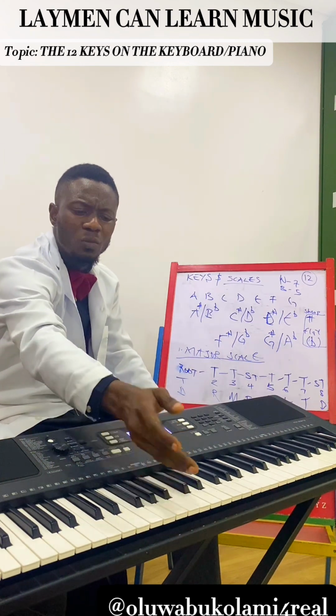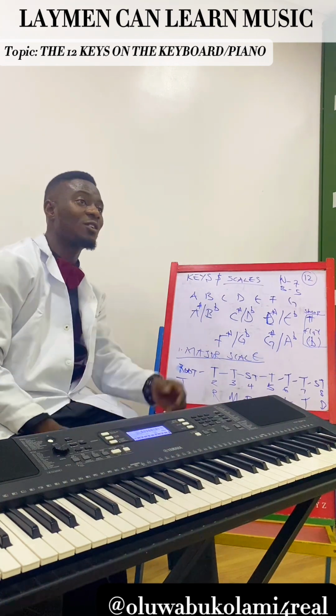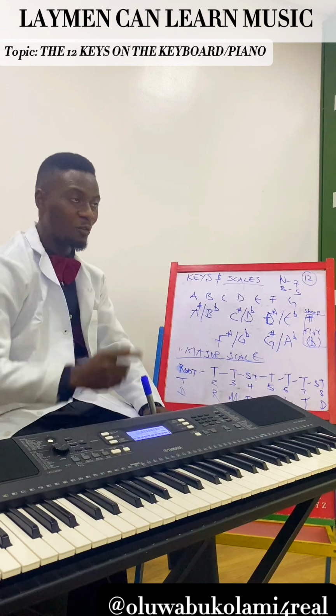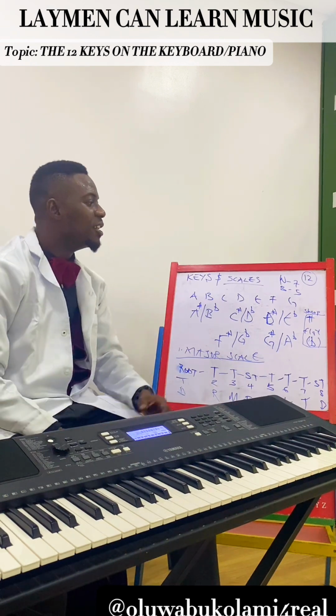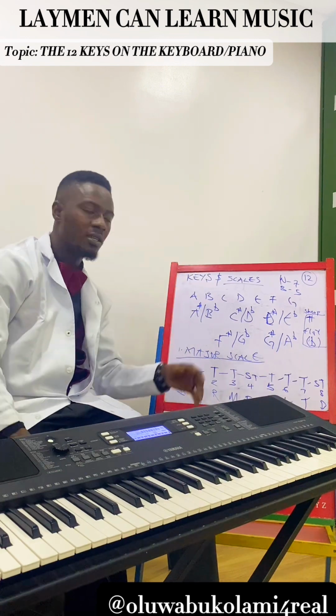So the person moved from C to F. So you might want to consider, did the person flat or sharp? That is, did the person move forward or go backward? You understand what I'm saying? So if you are going forward, it's sharp. If it is backward, it's flat.